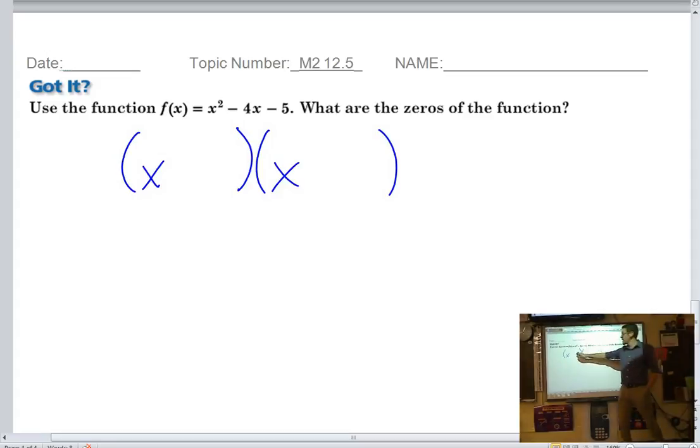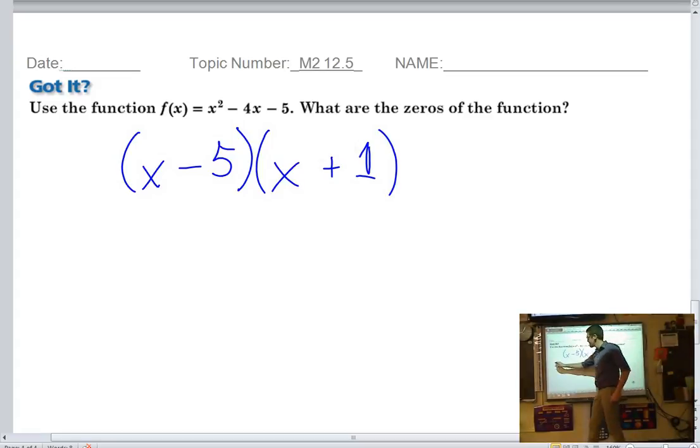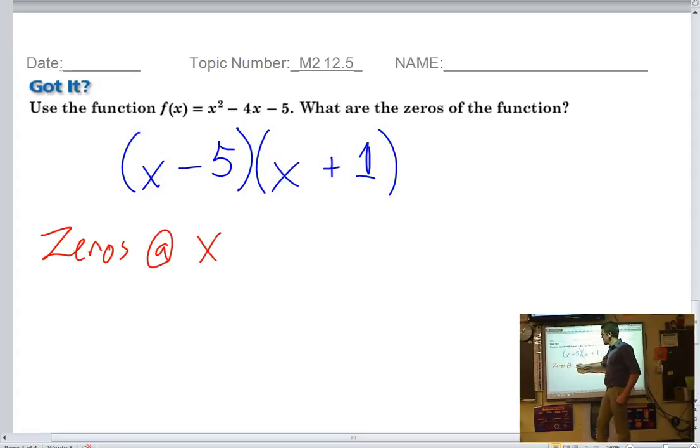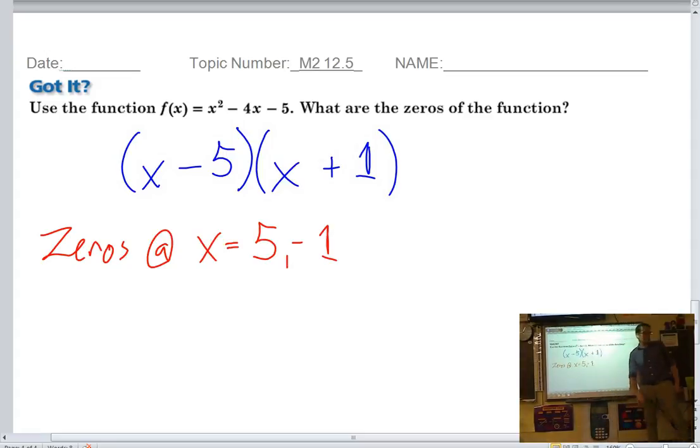So I've got a positive and a negative, and then the stronger one is the negative. So then what factors of 5 could I use to sum to negative 4? Negative 5 and a positive 1, which makes my 0 points 5 and negative 1.